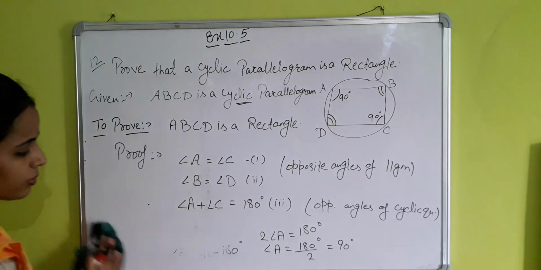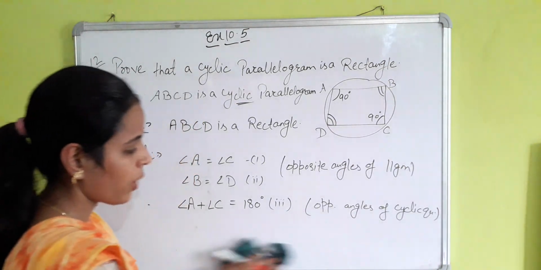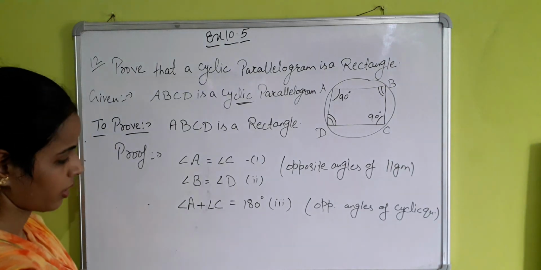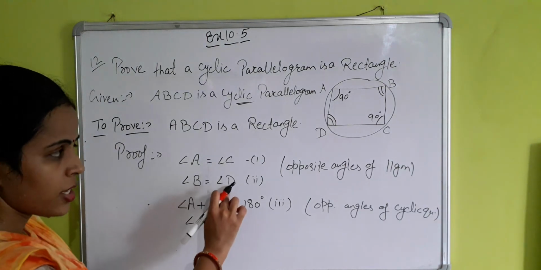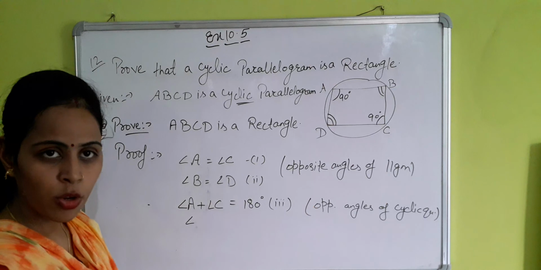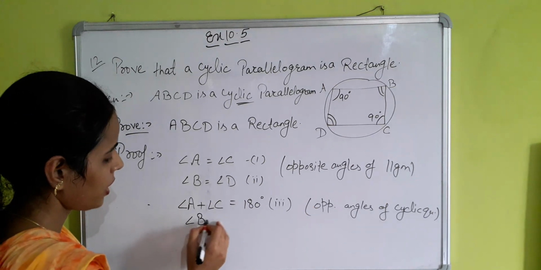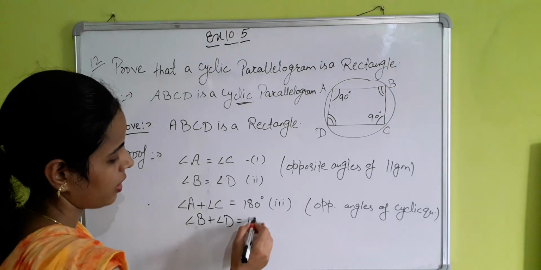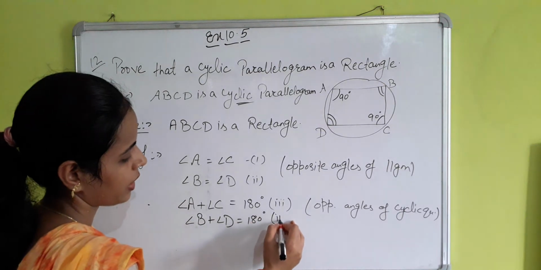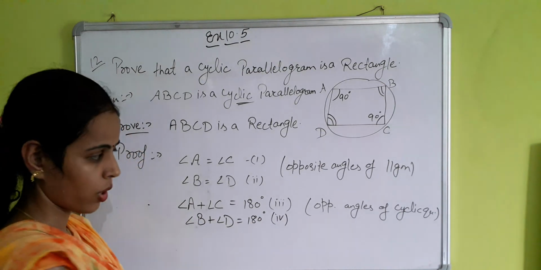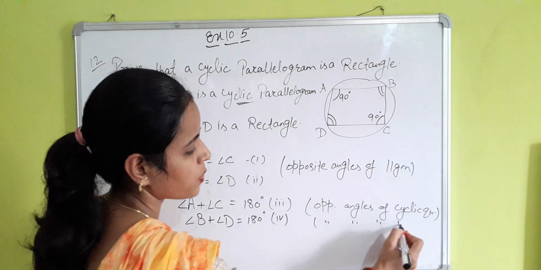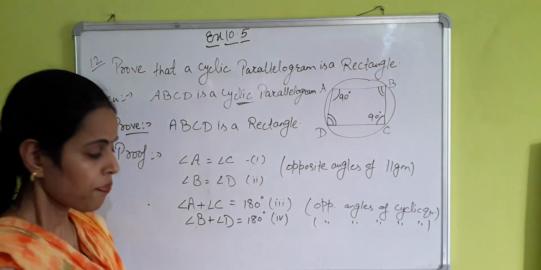Similarly, angle B is equal to angle D. Opposite angles of parallelogram. Angle B plus angle D is equal to 180. Equation number 4. Opposite angles of cyclic quadrilateral.